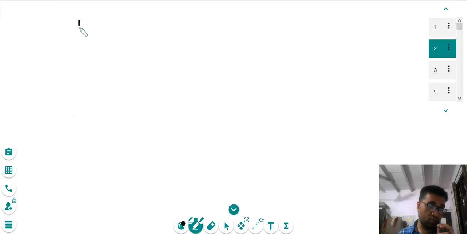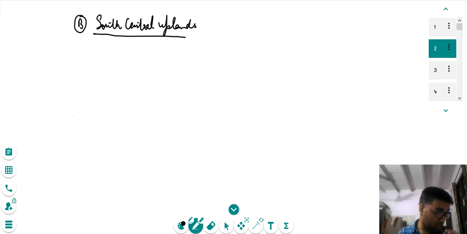Moving to the second part of the peninsula, that is the South Central Uplands. South Central Uplands constitute the Malwa Plateau and the Vindhyan Highlands.